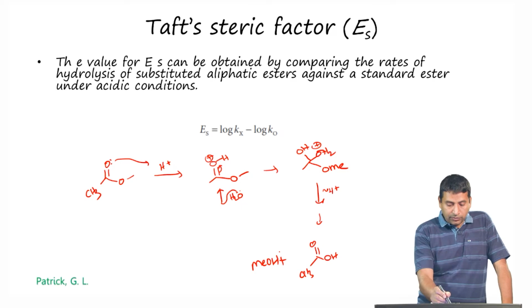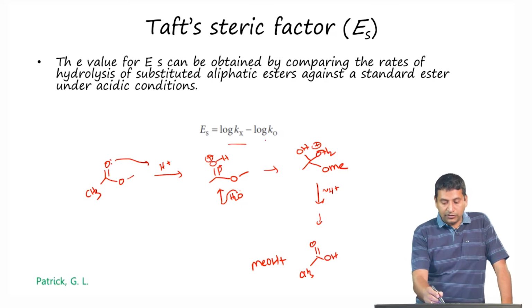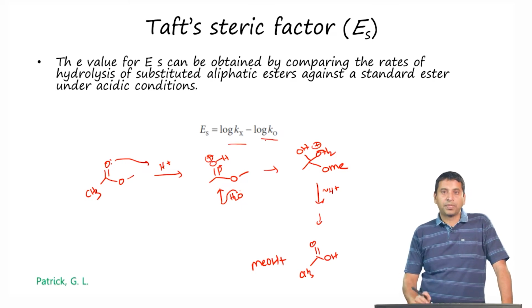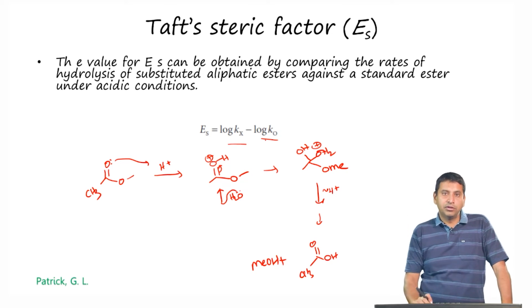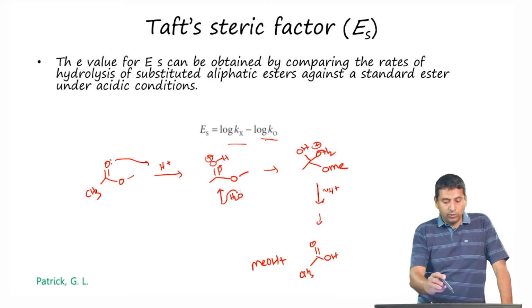So, the substituent is X and the standard rate is K0. So, you do a set of experiments, first derive the rate constant for the unsubstituted ester, and then you put in a substituent, and then you do a set of experiments to find out the rate constant for the substituted molecule. Then you subtract the logarithm of the two of them, and then you arrive at ES.